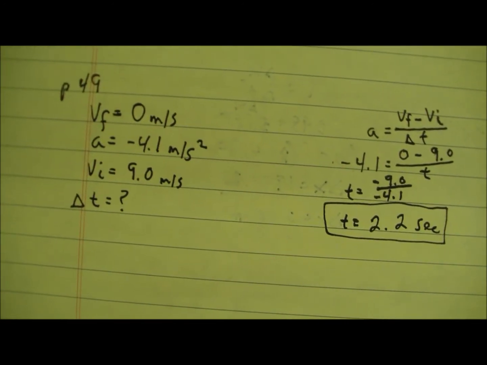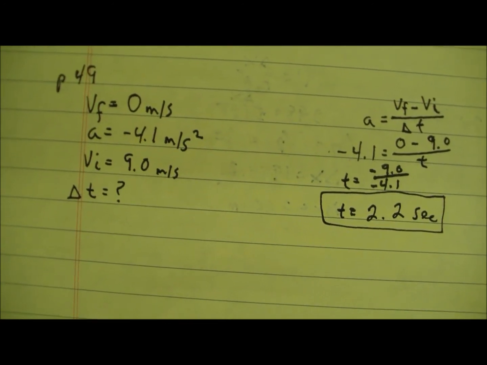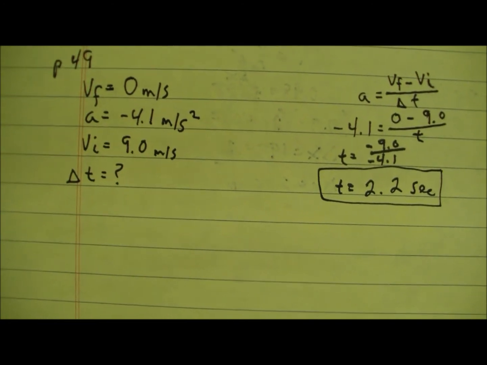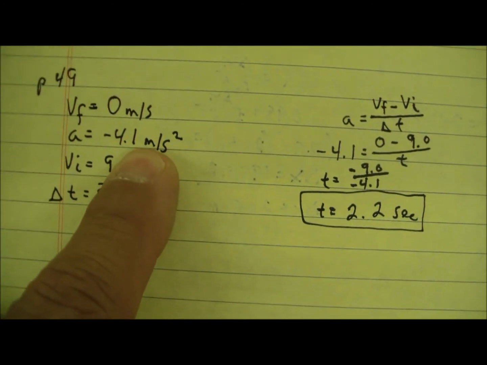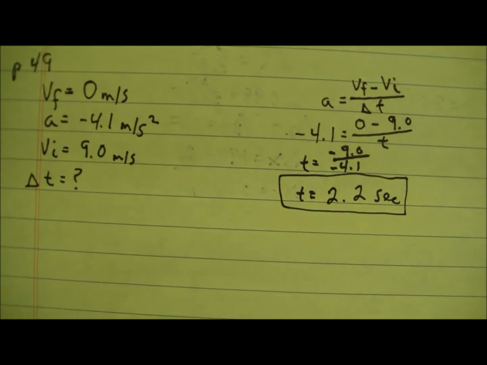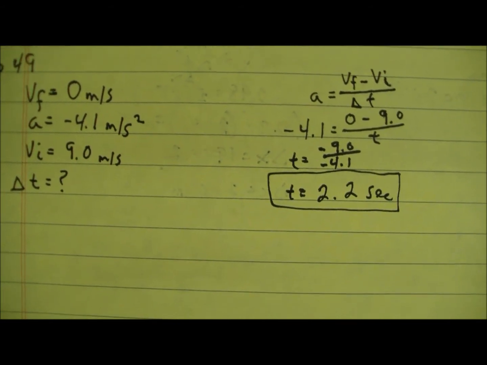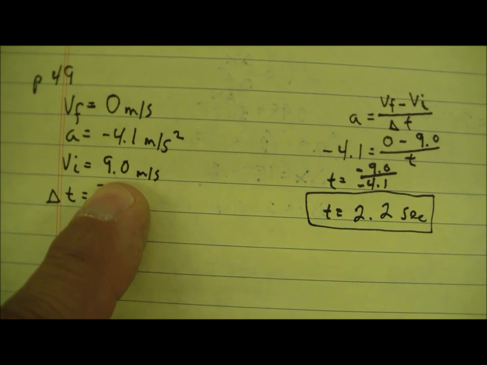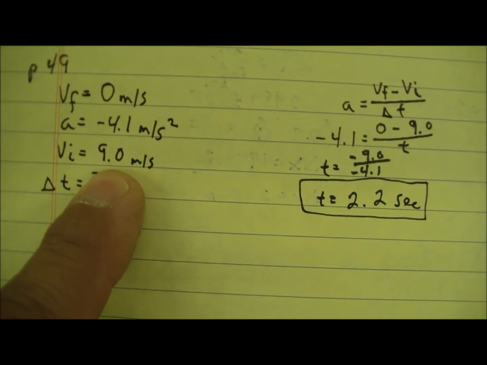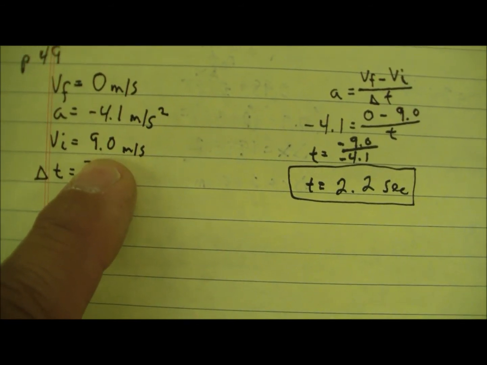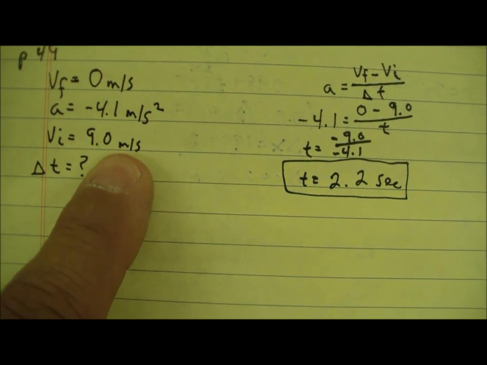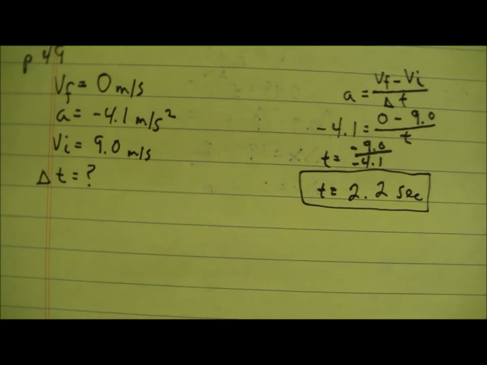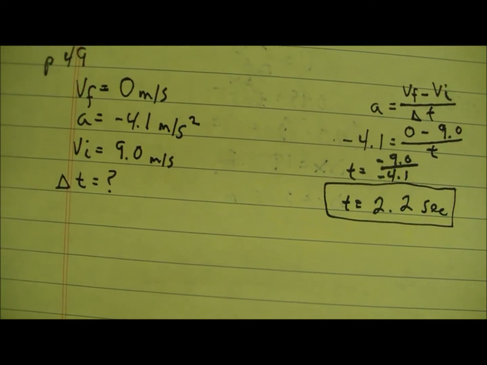They tell you the acceleration is a negative 4.1 because it's slowing down, and you also have the meters per second squared, which should help you figure out that it's acceleration. And they tell you that it starts at 9 meters a second, and the meters per second tells you it's a velocity. And then you have time unknown.